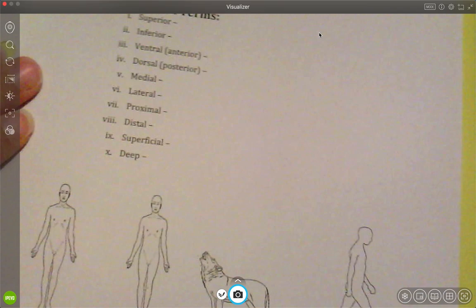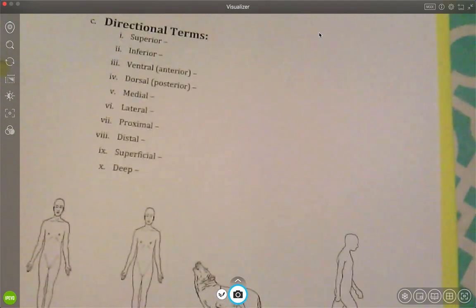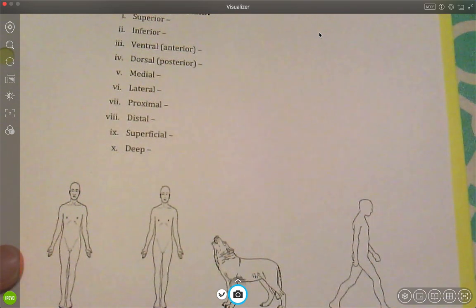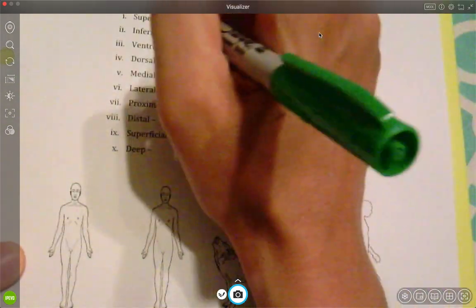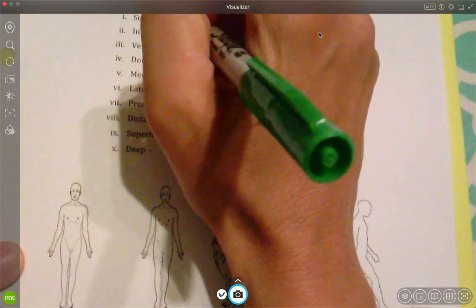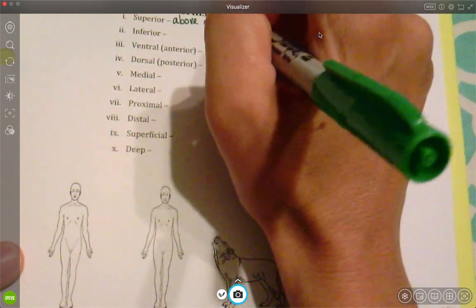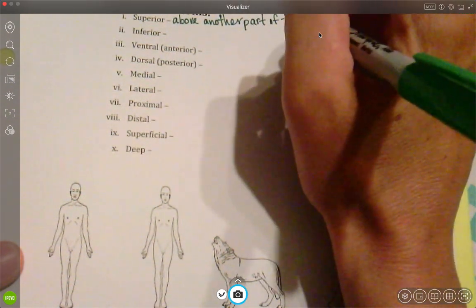All right, so first one, superior. So we just did med-term with superior. Let me move this. That's better. All right, so we said super means above. So superior is above something else. So we're going to write above another part of the body.